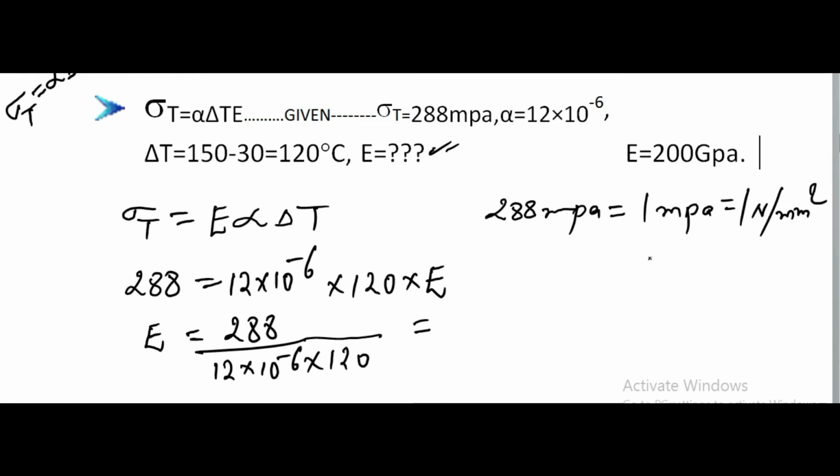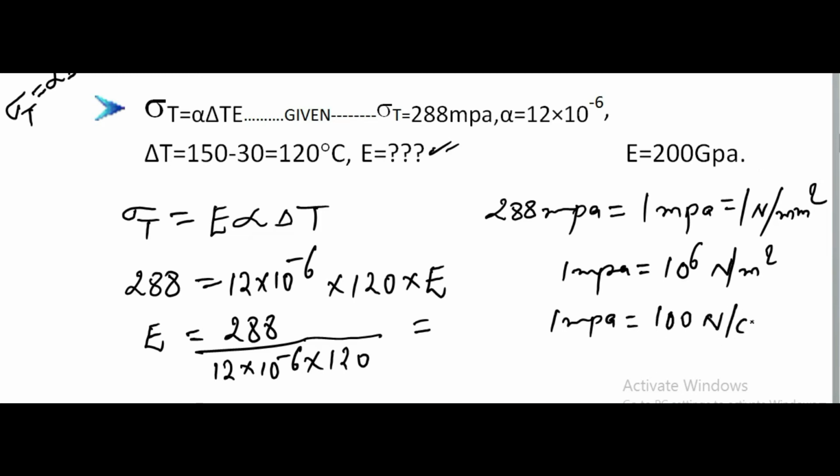Okay, and 1 megapascal is equal to 10 to the power 6 Newton per meter square, and 1 megapascal is equal to 100 Newton per centimeter square. So we have to calculate like this.